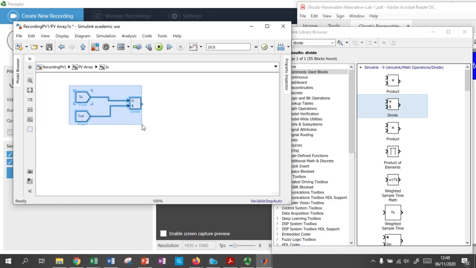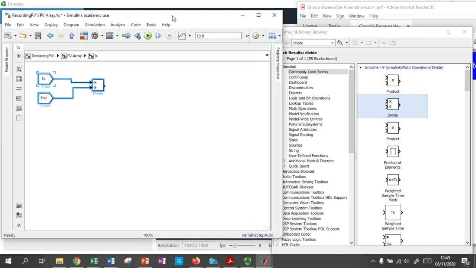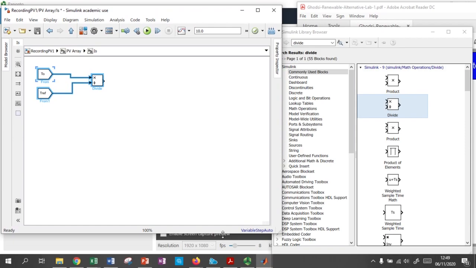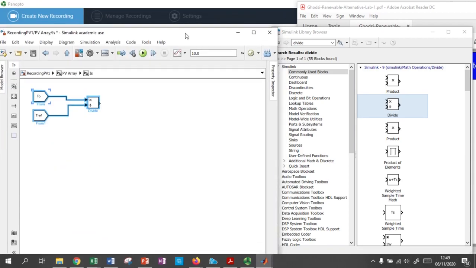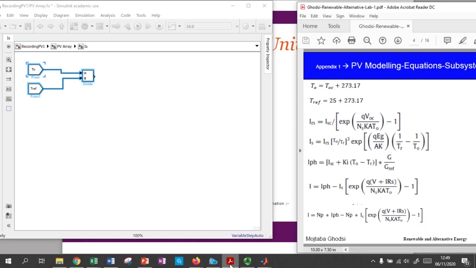Okay, let me move it a little. Move it like this. Okay, this is TO and TREF, and I will enlarge my screen. Okay, right now we can find it here.